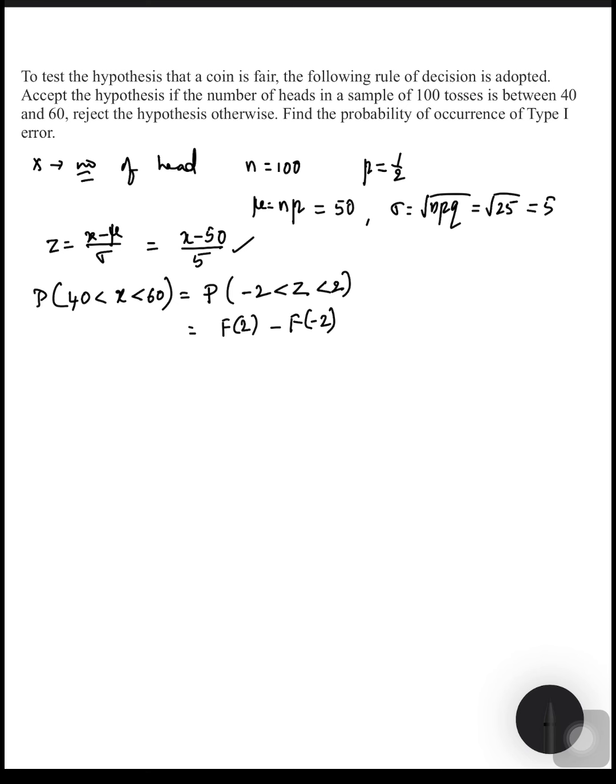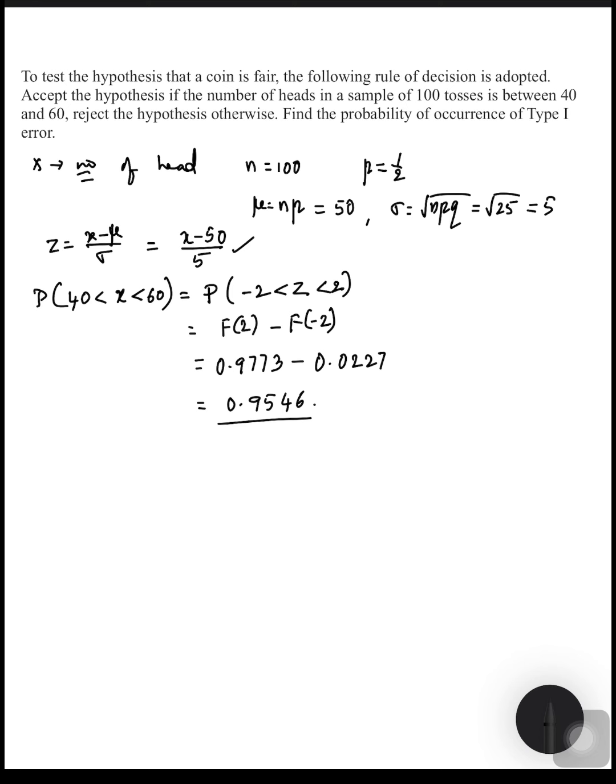Looking up the normal distribution table or using your calculator, we find that F of 2 is 0.9773 and F of minus 2 is 0.0227. That gives us 0.9546. This is the probability of getting the number of heads between 40 and 60.